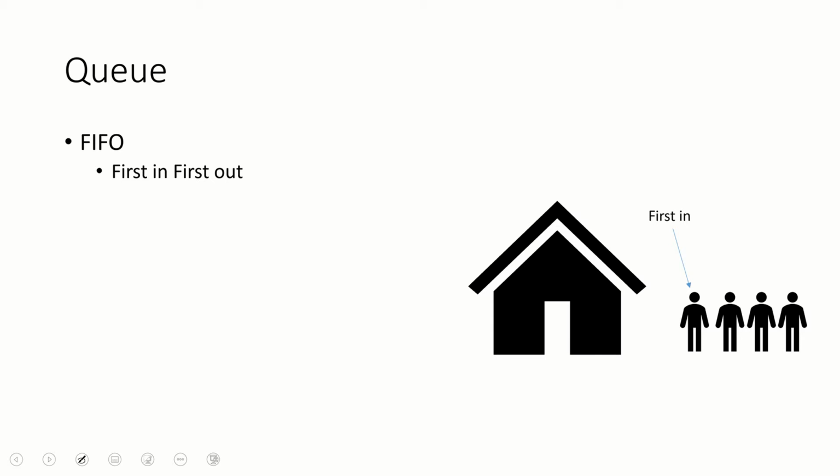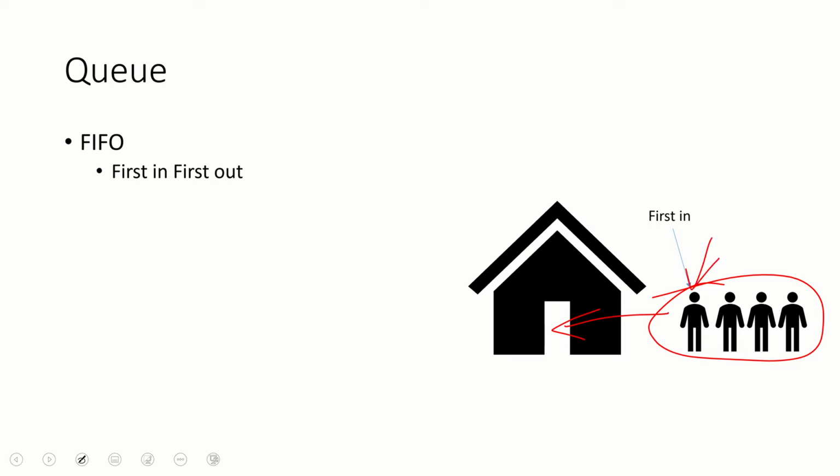For example, over here we have four people. The person at the head of the line has to get into the house to do something. For example, maybe this house only allows one person at a time to do laundry.